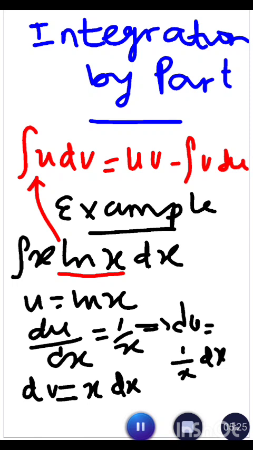So our v will be the integral of both sides. To obtain our v here, we integrate both sides.